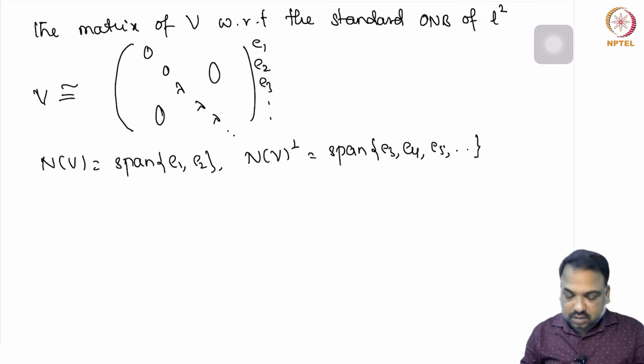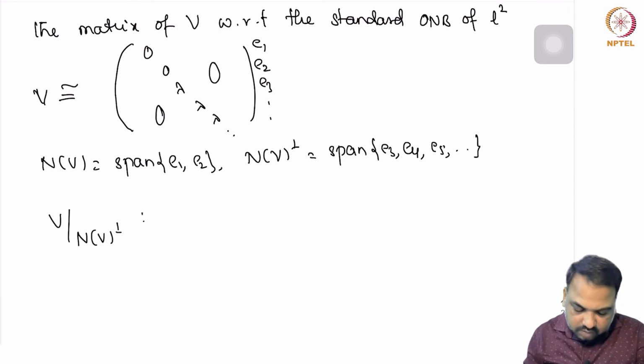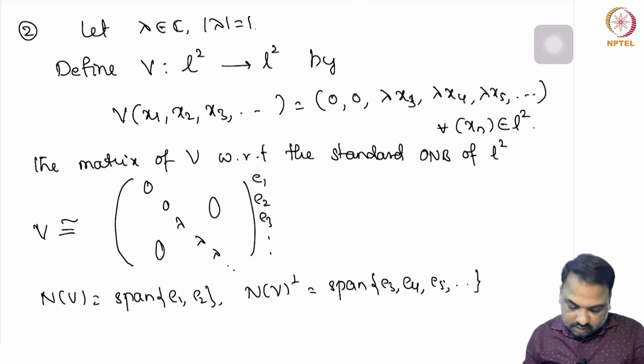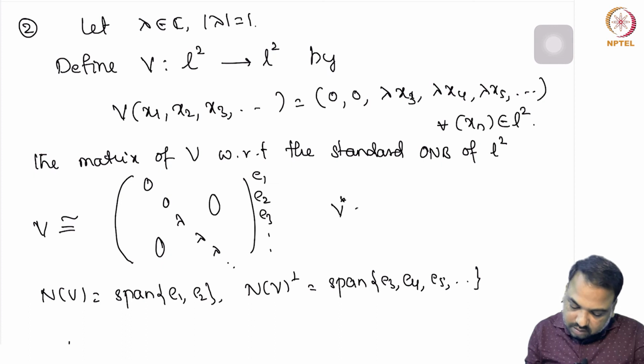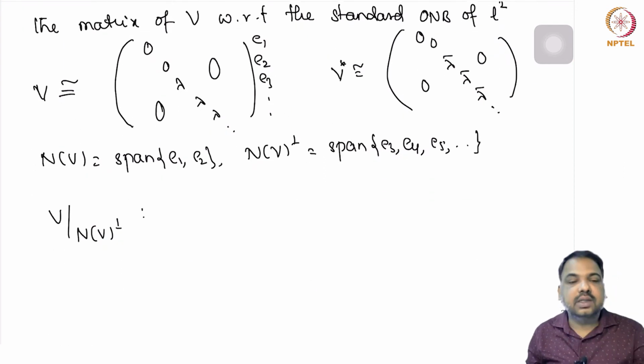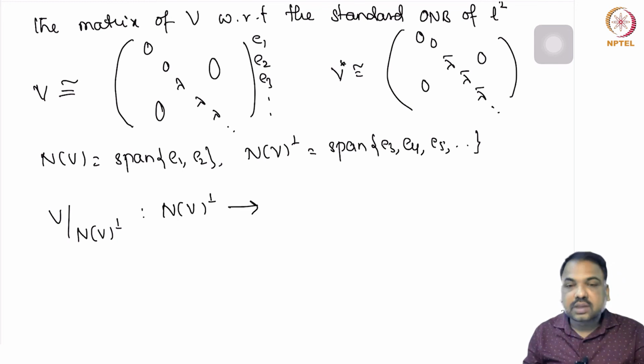Okay. Now V restricted to null space of V perp is a map from null space of V perp into range of V. The matrix of V star with respect to the same standard orthonormal basis is 0 0 lambda bar lambda bar. So we can say that V restricted to null space of V perp, a map into range of V, is also equal to the same space, null space of V perp.